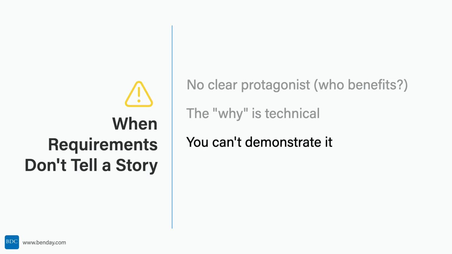You can't imagine demonstrating it to someone. If you can't picture showing this to a stakeholder and them going, that's useful, it's probably not framed as a story. And a sneaky one, the scope keeps creeping. When requirements are vague implementations, scope creep is inevitable because nobody's sure what done looks like. Stories have natural boundaries, implementations don't.